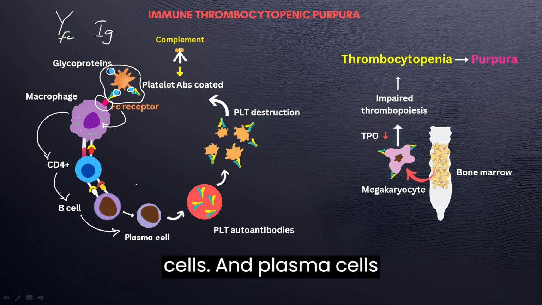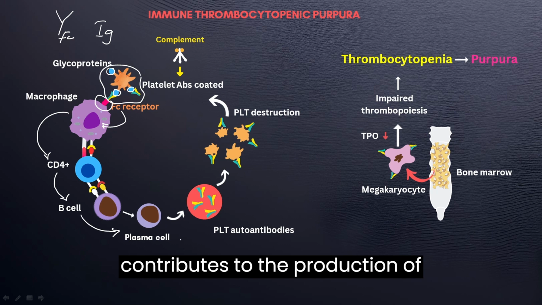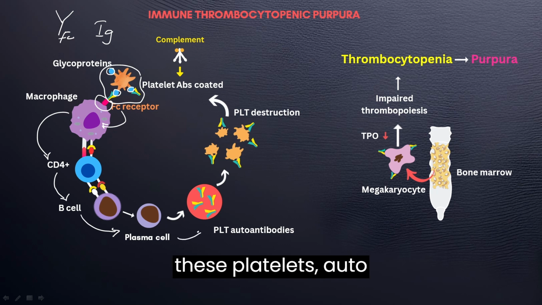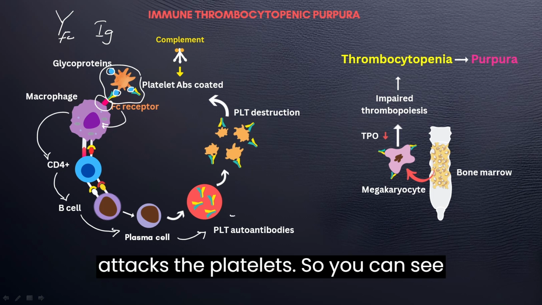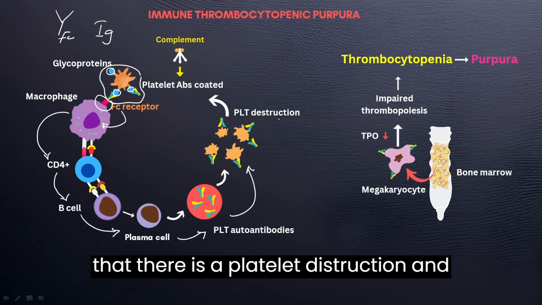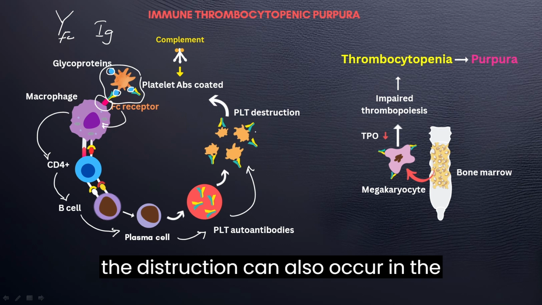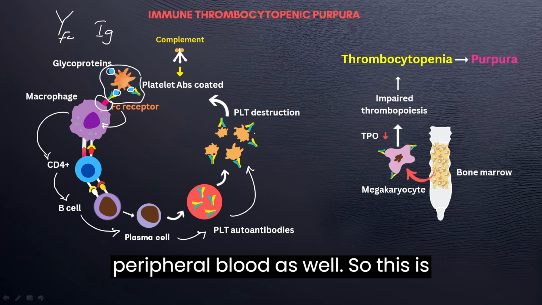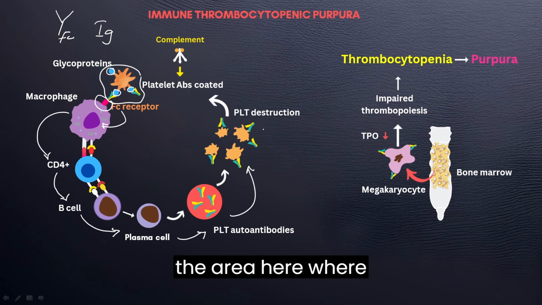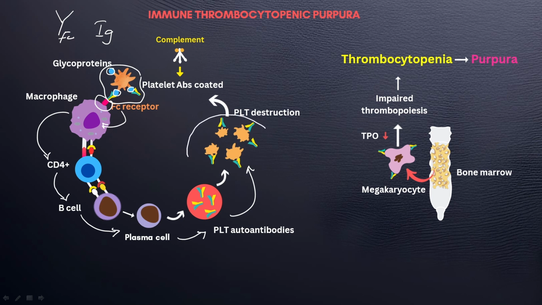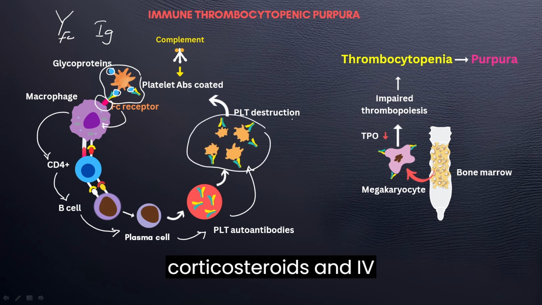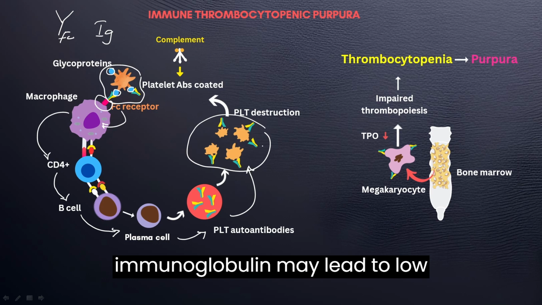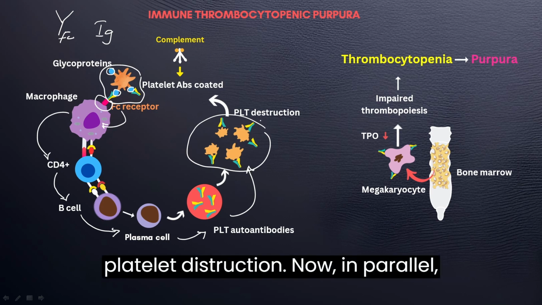And plasma cells contribute to the production of these platelet autoantibodies that ultimately attack the platelets. So you can see that there is platelet destruction. And the destruction can also occur in the peripheral blood as well. So this is the area here where corticosteroids and IV immunoglobulin may lead to lower platelet destruction.